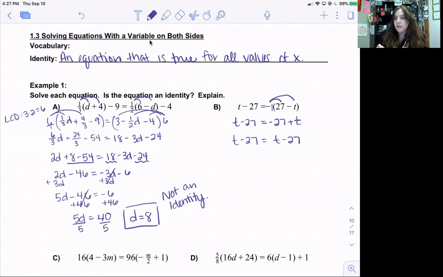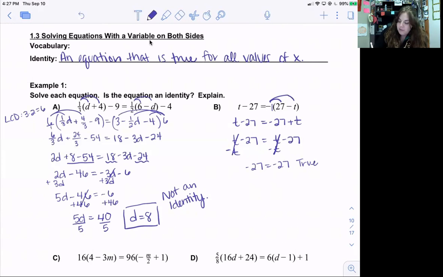Okay. Also, another thing we could do, if we wanted to try to move our variable to the same side, we subtract T from both sides. T minus T is 0, or it cancels. So we get negative 27 equals negative 27, which is a true statement. So anything we plug in for T in this example, we'll always get a true statement.